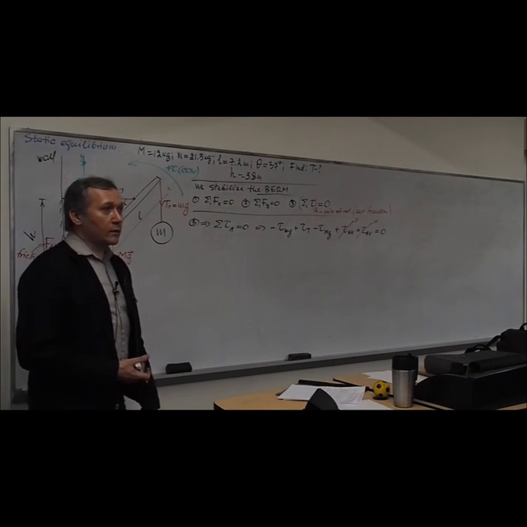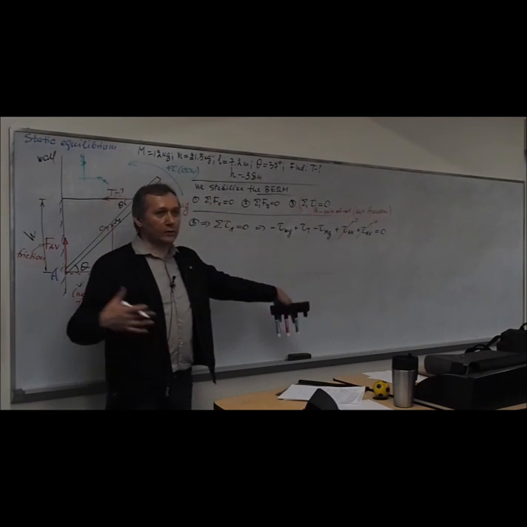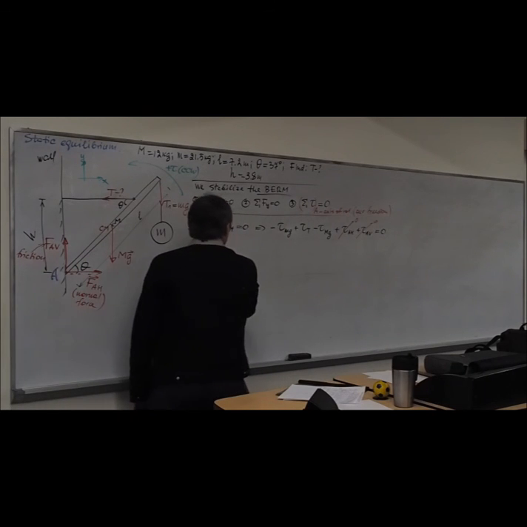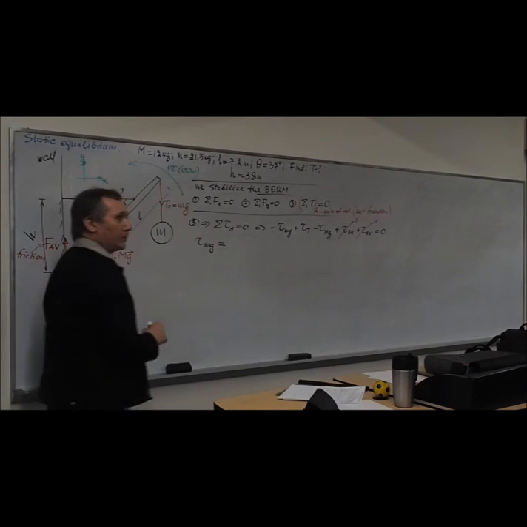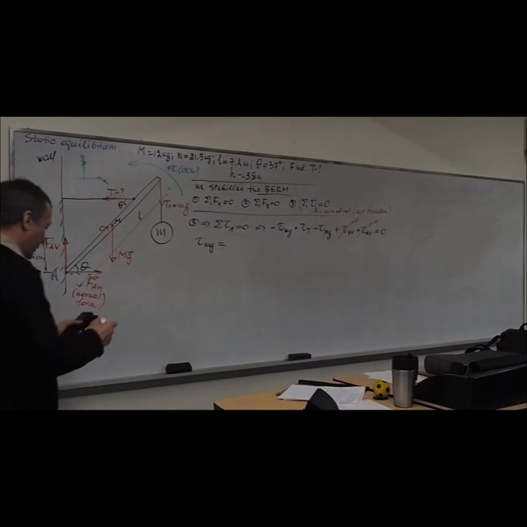So now let's write all these torques explicitly. Usually this is the most difficult part when it comes to torque calculation. Let's start with mg small. And I'm going to use again these tricks. You see this circle. What is R perpendicular in this case? You draw the line of force and see what is the shortest distance from the axis of rotation to that line of force.